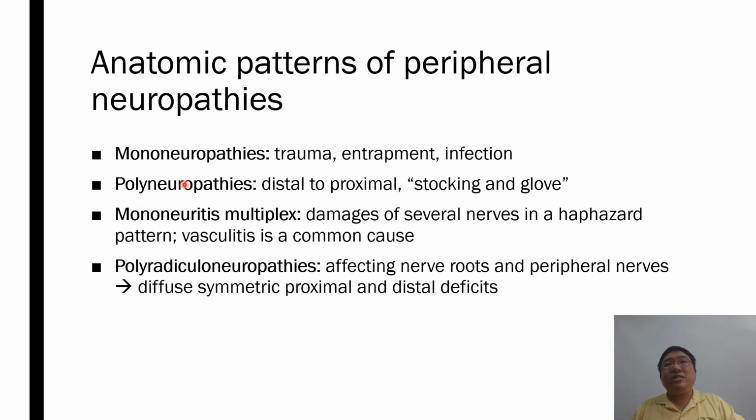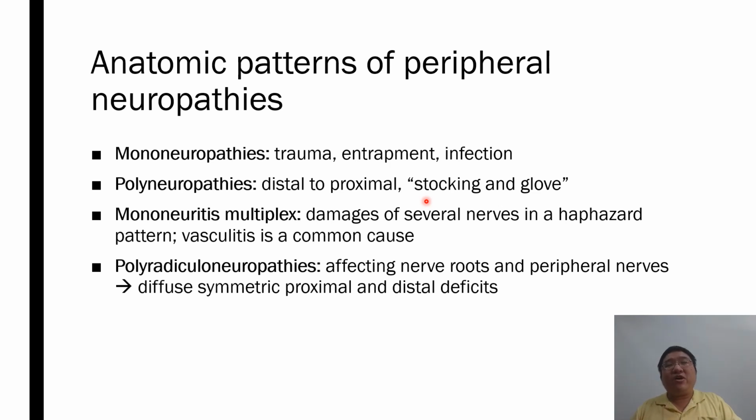So the distribution is very typical. The patients may explain that they have numbness, they feel like wearing stockings and gloves all the time. So that is stocking and glove pattern.